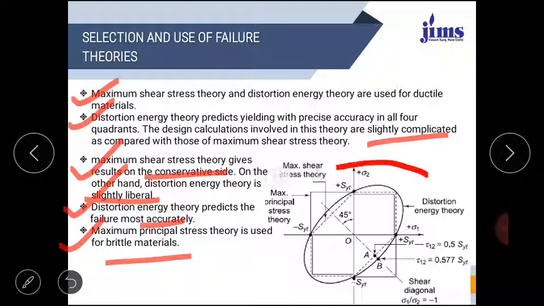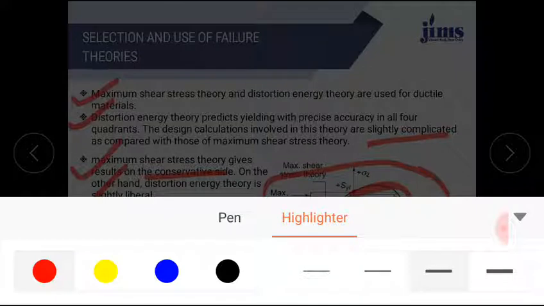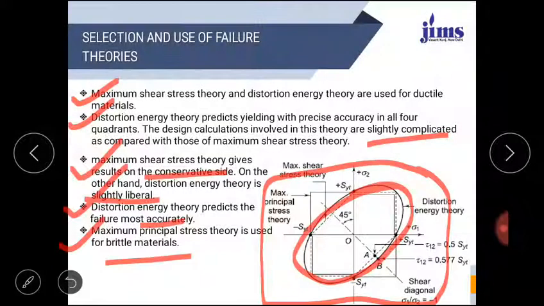And this is the combined drawing of all the important theories. You can see this is the boundary of the maximum distortion energy theory. With the help of a different color, green, I will show you the boundary of the maximum shear stress theory.